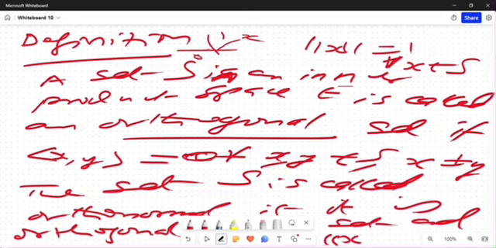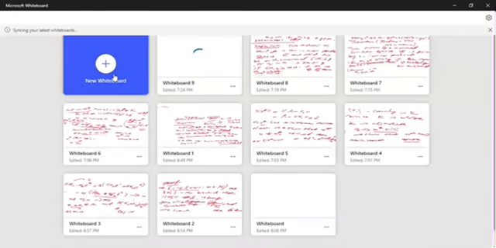That's the geometrical interpretation of that. So we give some examples in some spaces that we have already discussed.